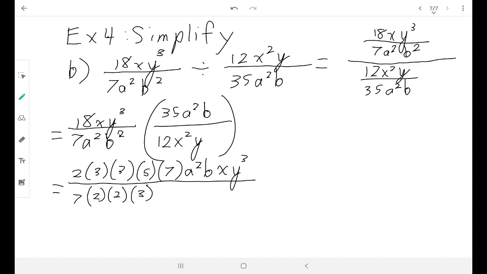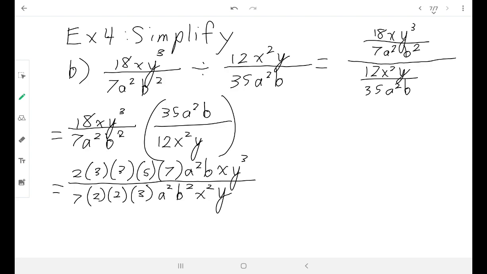I'm doing this so that you can see exactly how the cancellations are going to work. Okay? And then times a squared times b squared times x squared times y.